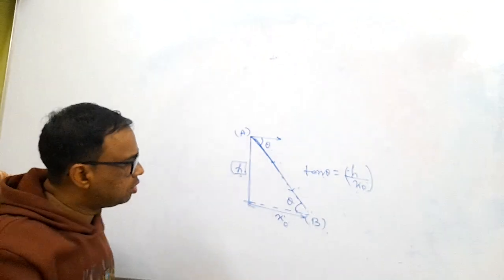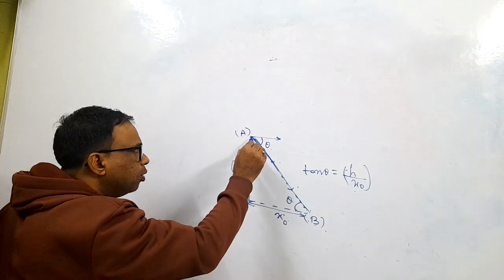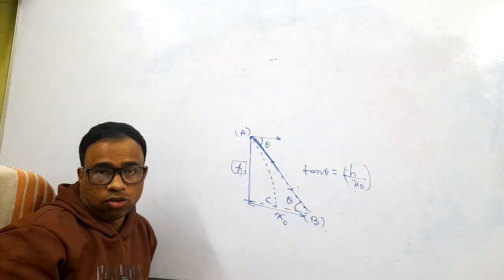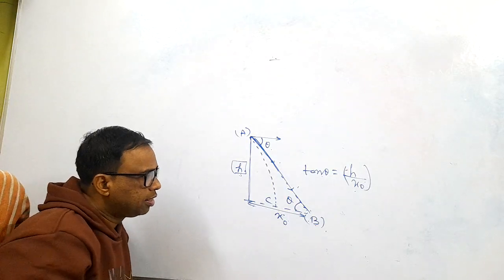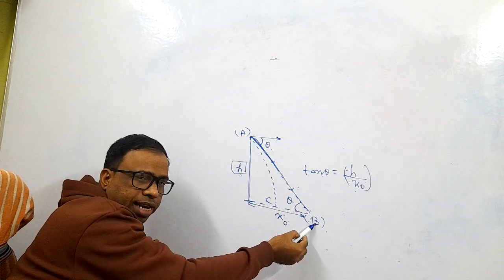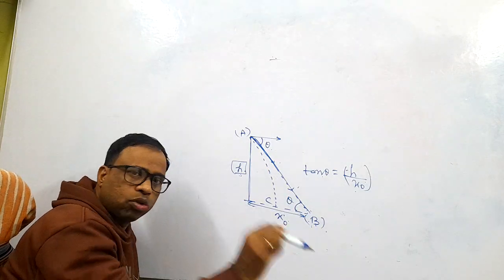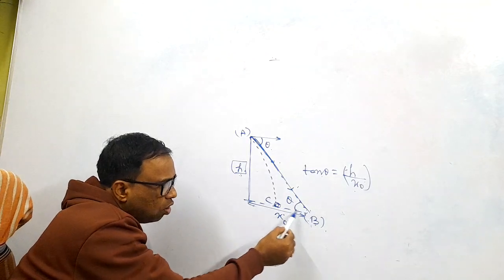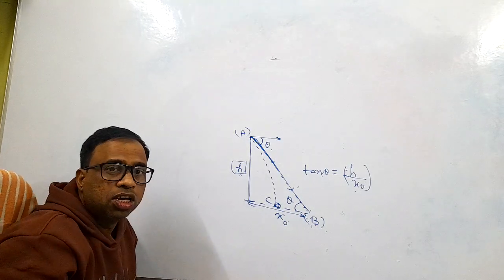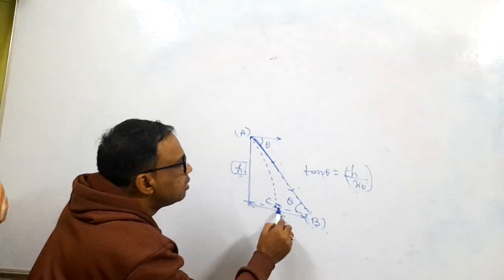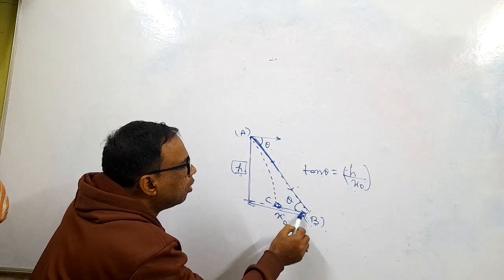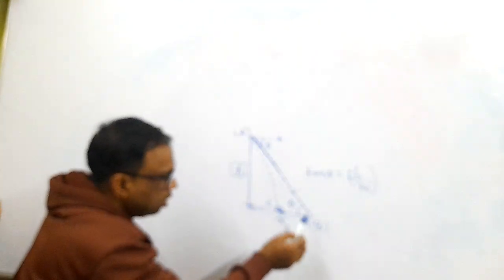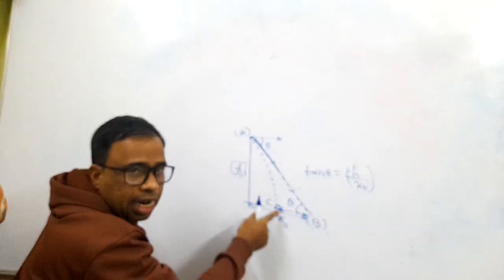But the projectile does not fall at B. The projectile falls at C. So there must be some shortest distance, because B stands here, A aims towards B and throws the stone, but the stone falls at the point C. BC is the short, because the projectile could not hit B. The projectile lands on C. So there is a gap between the landing of the projectile and the aiming point.